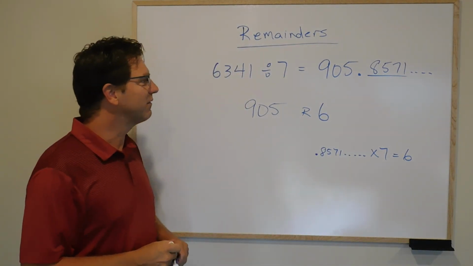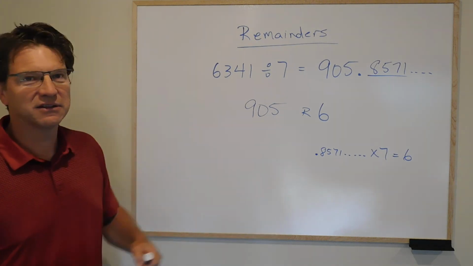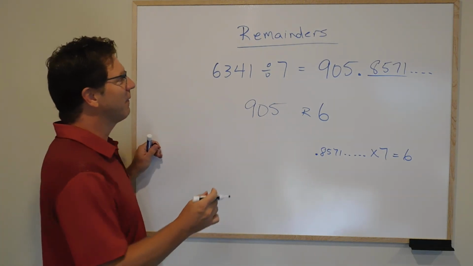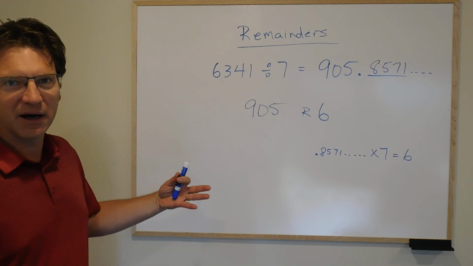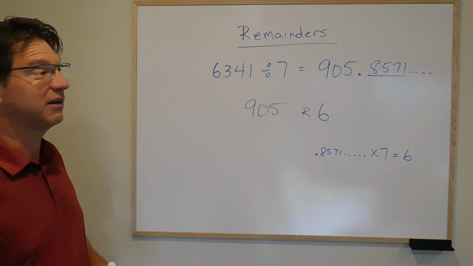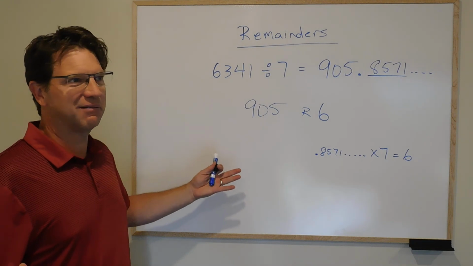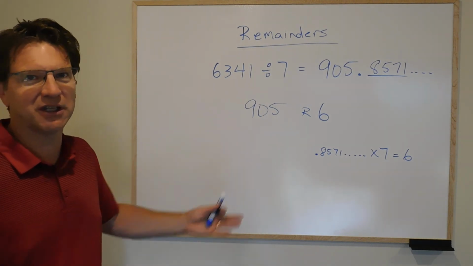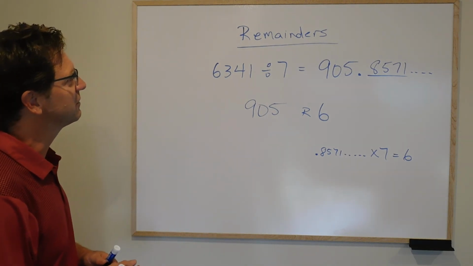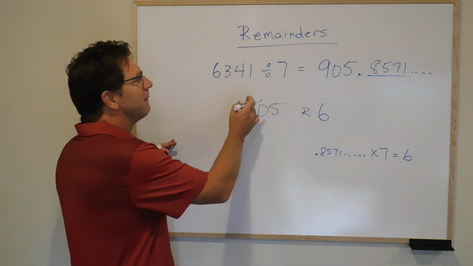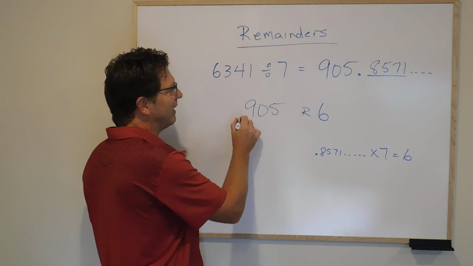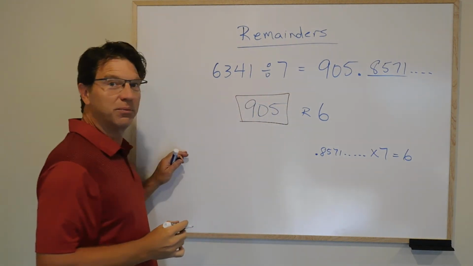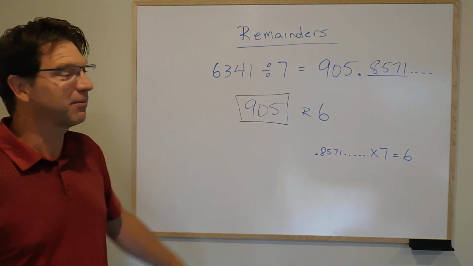And why is it important to find a remainder that's not just a decimal place? Well, let's say we had 6,341 syringes in a package, right? We divide it by 7 because we need them in groups of 7. We can get 905 groups of 7, but we're going to have some left over.